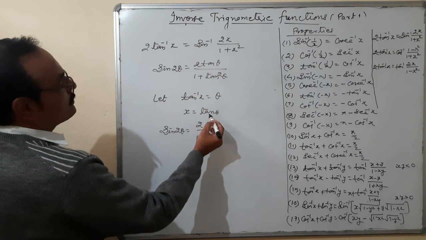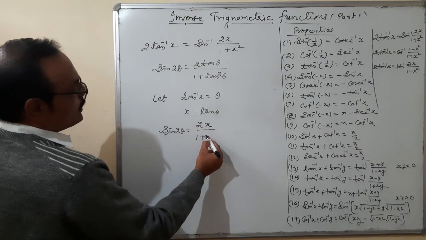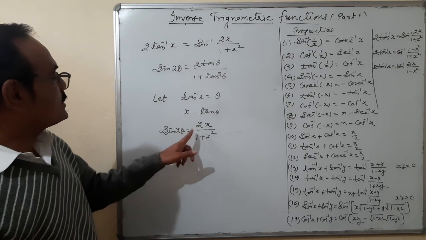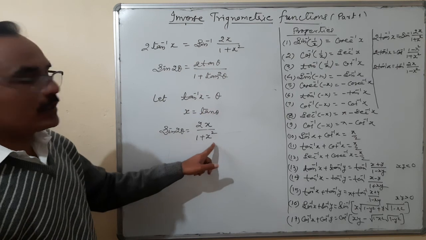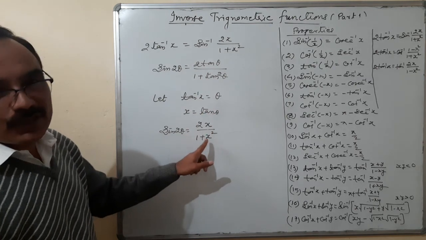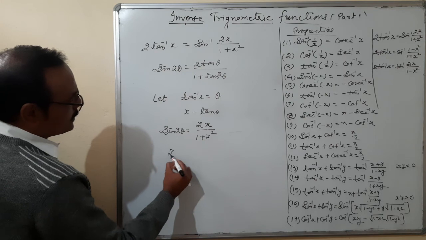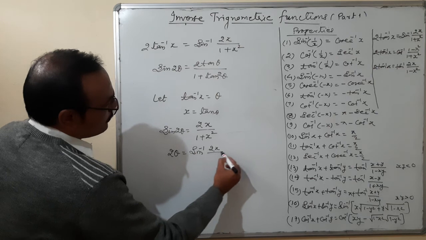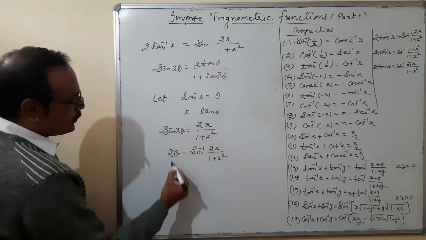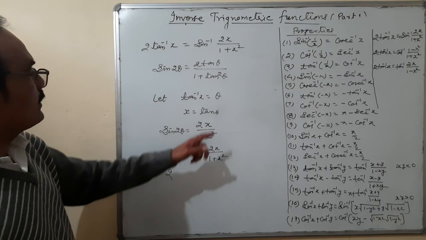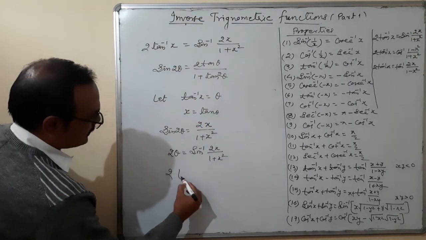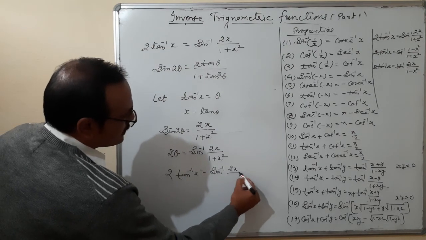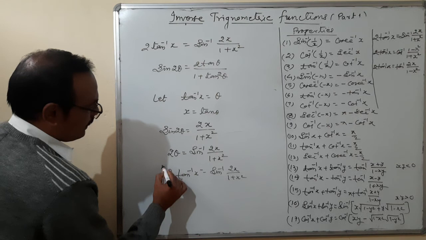Tan theta is equal to x, so that means 2x upon 1 plus x square. So that means 2 theta is equal to sin inverse of 2x upon 1 plus x square. 2 as it is, and in place of theta, tan inverse x. So 2 tan inverse x is equal to sin inverse of 2x upon 1 plus x square.